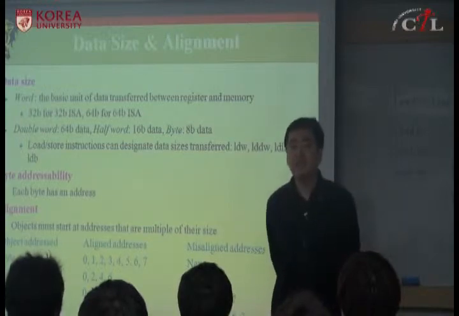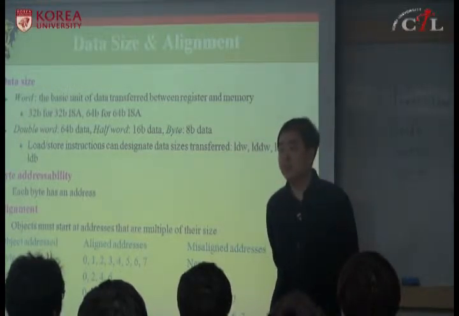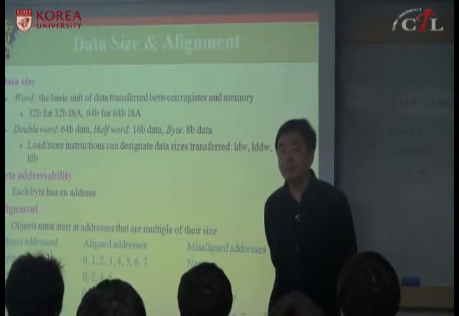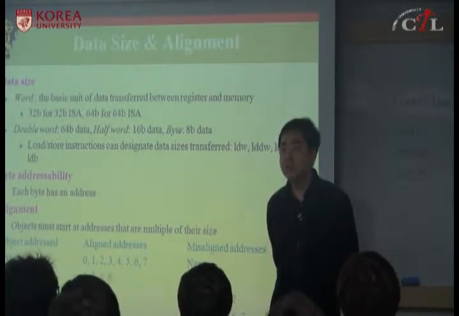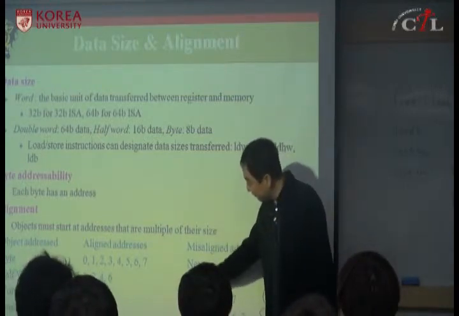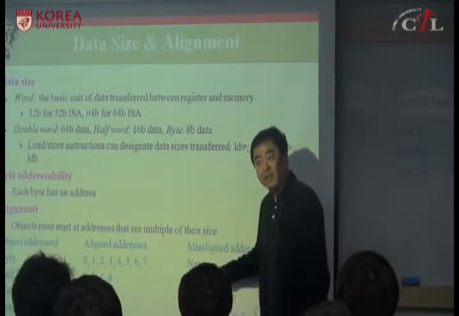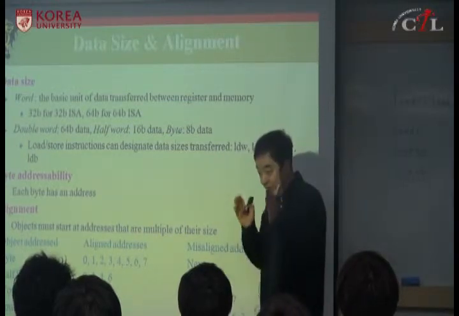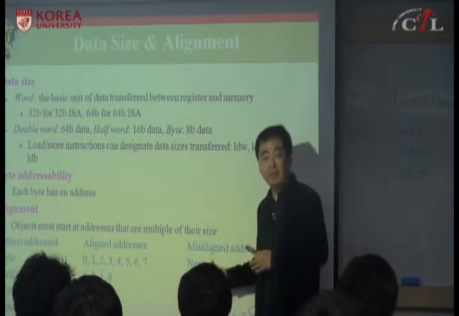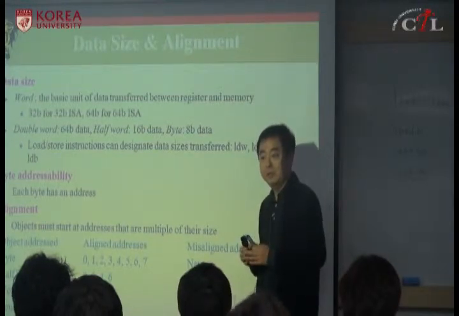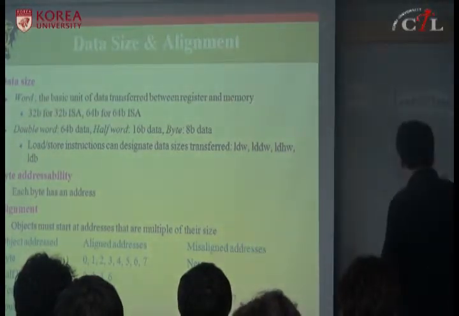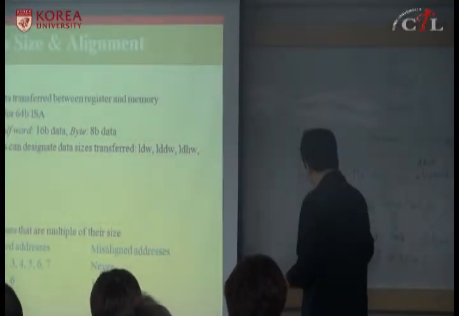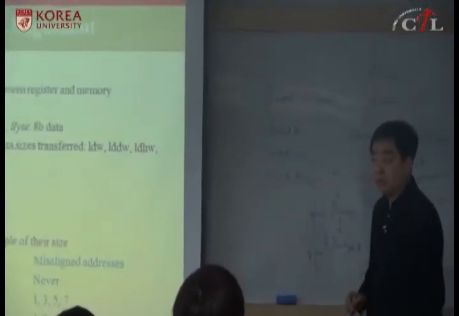You can store at other addresses if you want to. But usually a machine trying to support misaligned addresses is slower, because all of them are optimized for aligned addresses. So the alignment should be a multiple of 4, 0, 4, 8, and so on for word size objects.